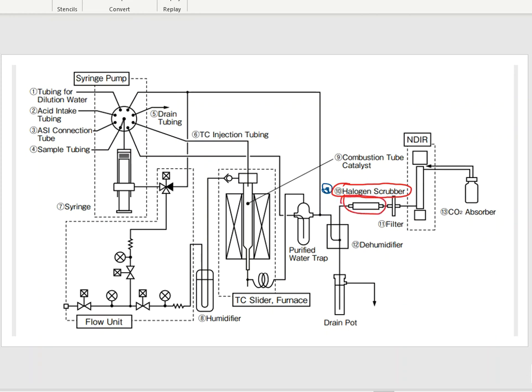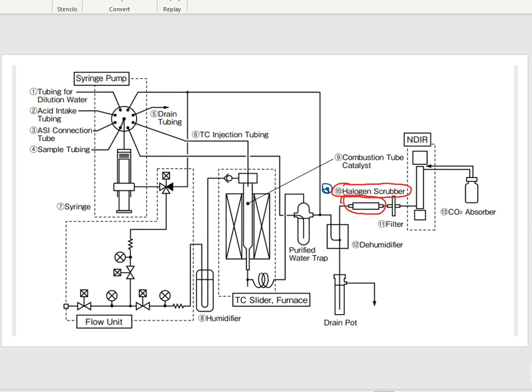The location of this halogen scrubber is in between the dehumidifier, which we've talked about before, and the NDIR detector. All right, so there's got to be a reason that it's here.